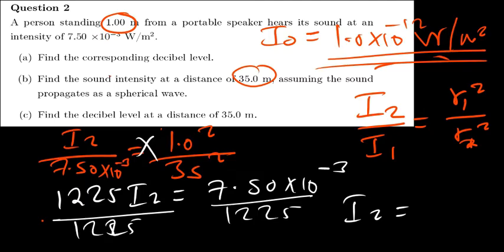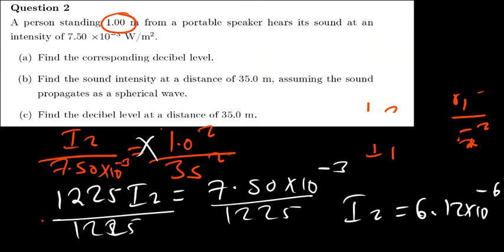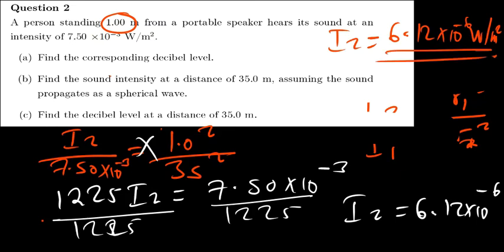I'll put my answer in scientific notation, so that should be 6.12 times 10 raised to the power negative 6. So the intensity 2 will be equal to 6.12 times 10 to the power negative 6 watts per square meter. So that's my answer for this part.